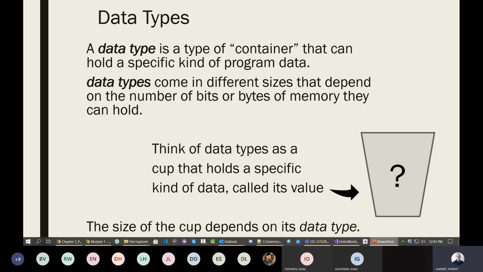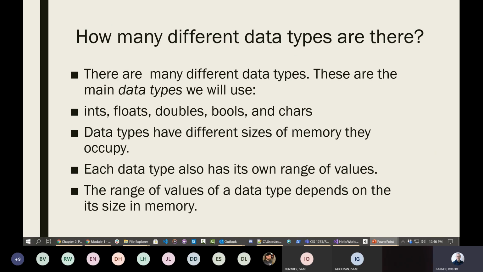There are a lot of different types. The broad types are, for example, integer and floating point numbers, but there are different types of integers and different types of floating point numbers, all based on the amount of memory they take up. And then we have characters and strings.